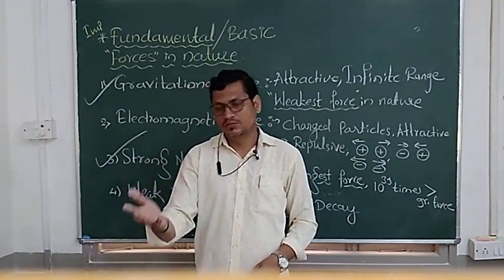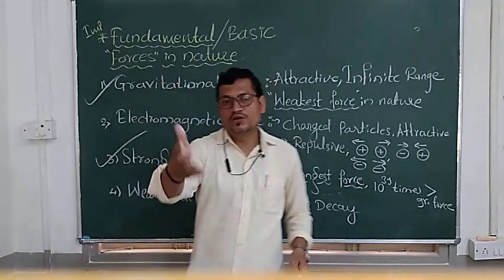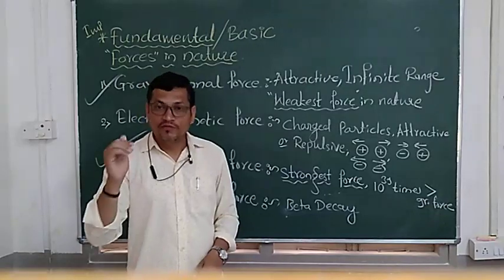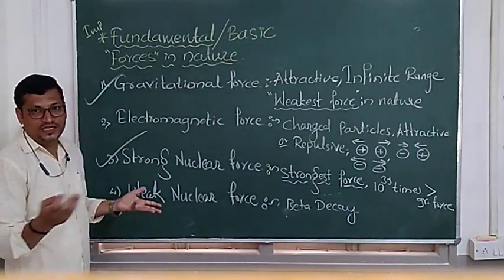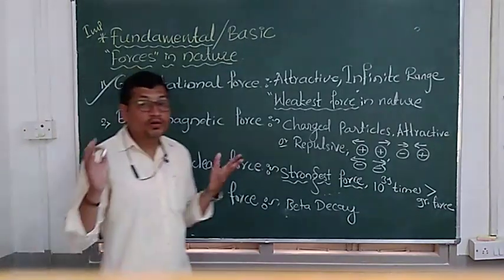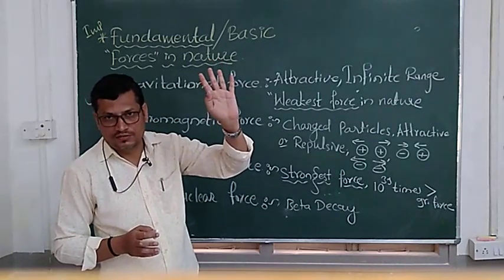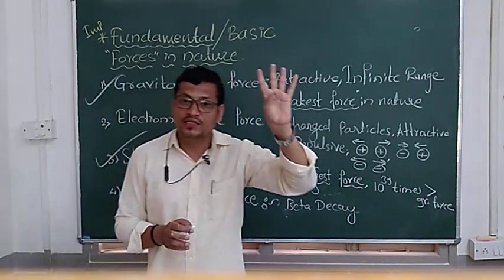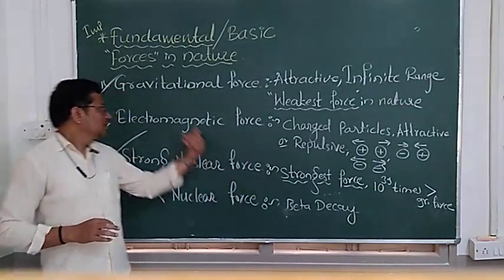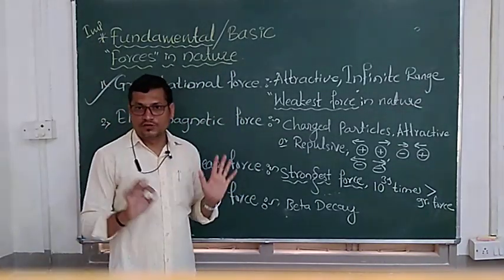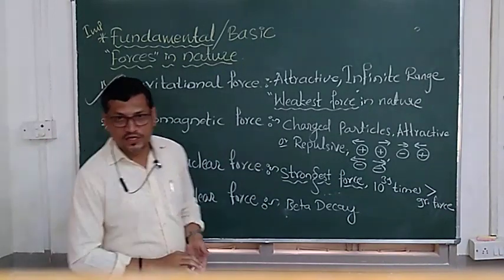In that case you can write whichever you feel easy, strong nuclear force, weak nuclear force, if they have not mentioned strongest and weakest. If they mention strongest and weakest force, then you write strong nuclear force and gravitational force. Then only you will get the marks. Otherwise, no. I hope it is clear to you.